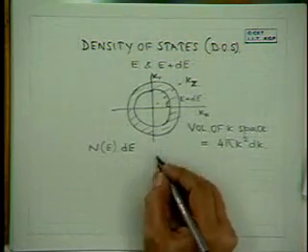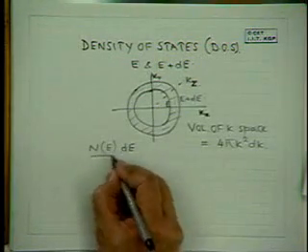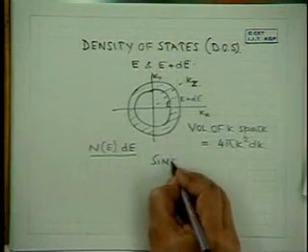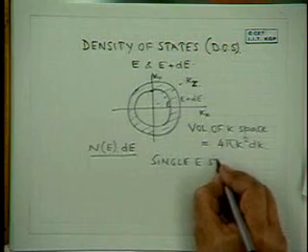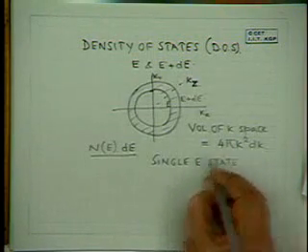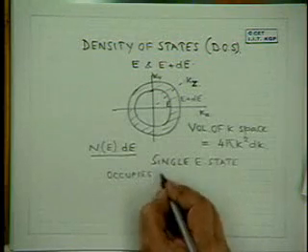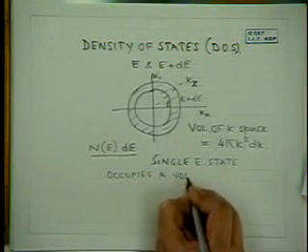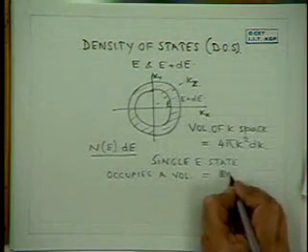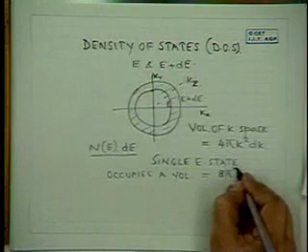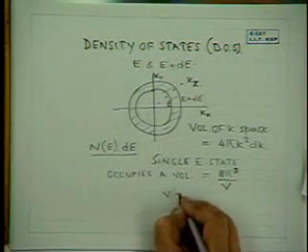We know that a single electron state occupies a volume in momentum space of 8 pi cubed by V, where V is the volume of the crystal.